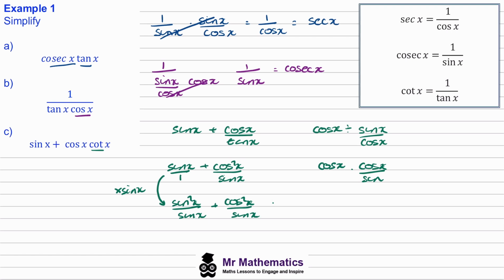Now we can put these two together. So sin squared x plus cos squared x over sin x. What do you think we can do with our numerator? So our numerator simplifies to make 1. So we have 1 over sin x, which we know is cosec x.